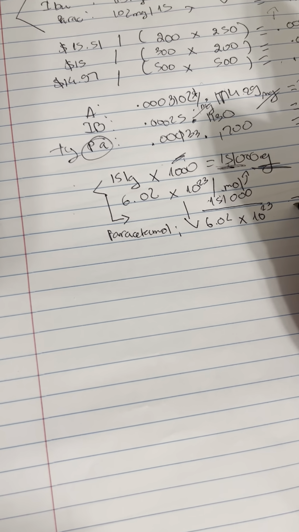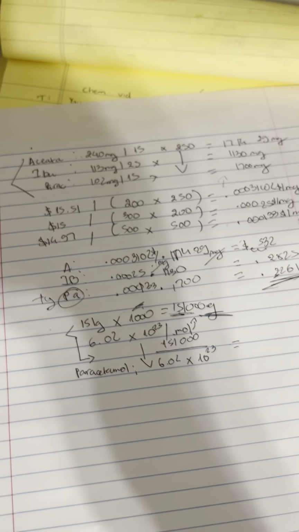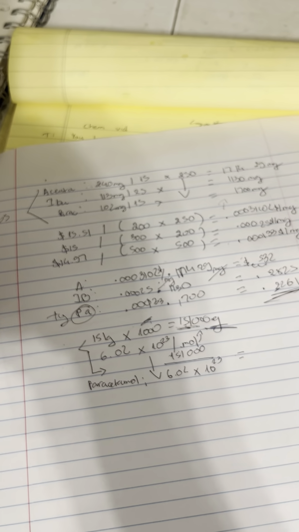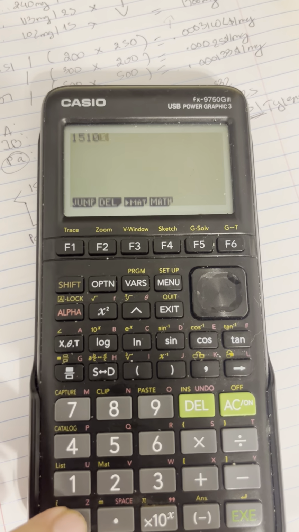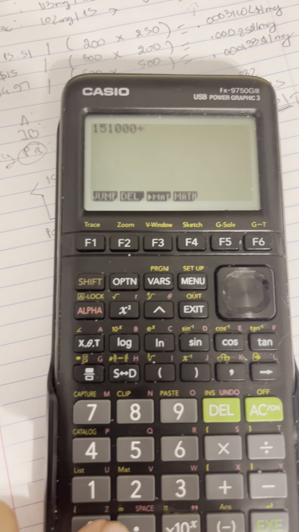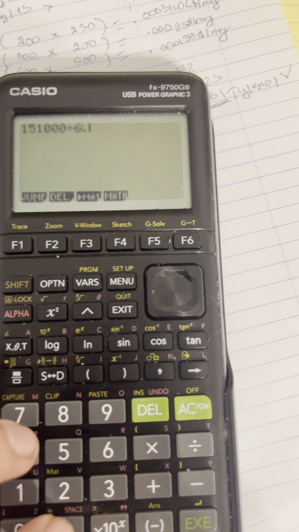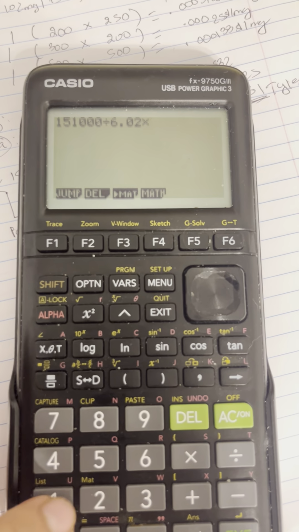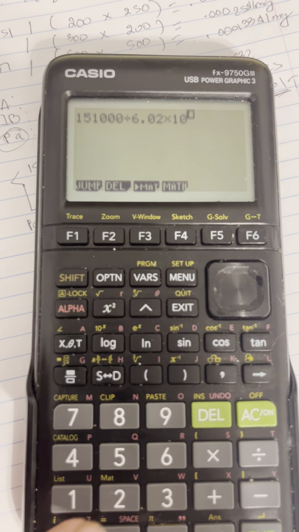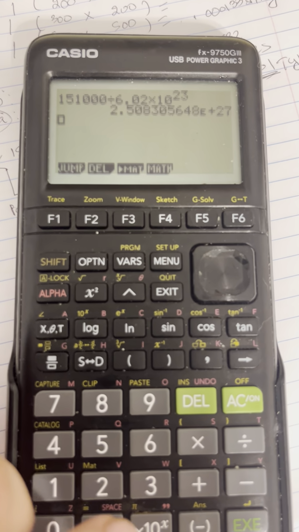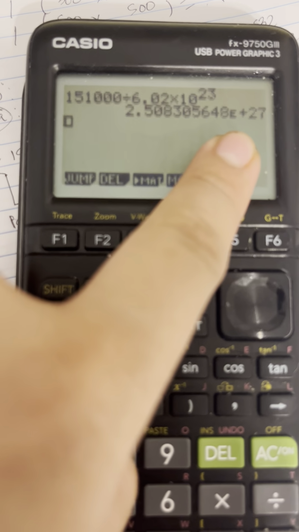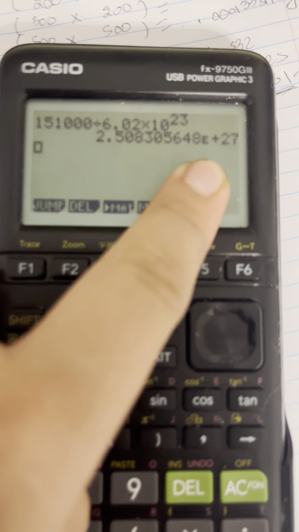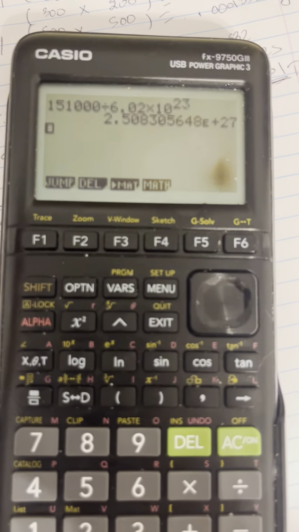151,000, which if you do it on a calculator real quick, it will give us 2.5. I'm gonna say that's times 10 to the power of like negative 27.